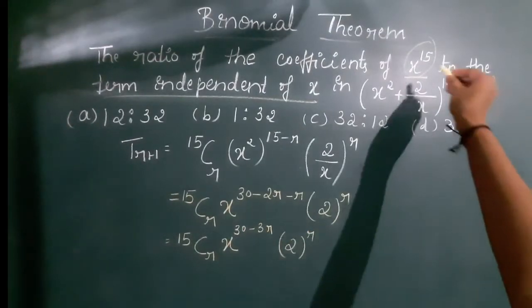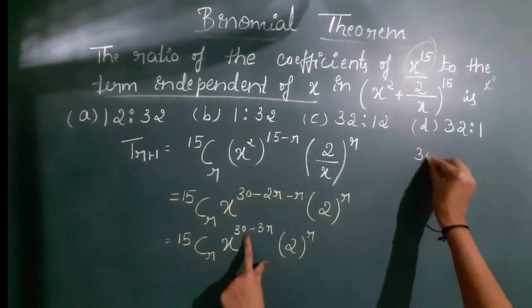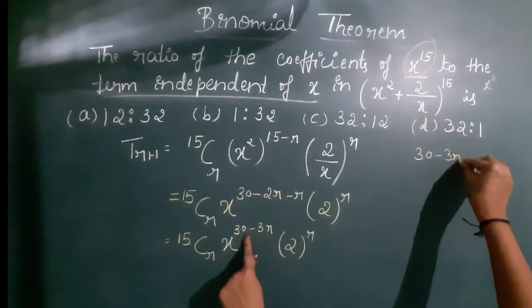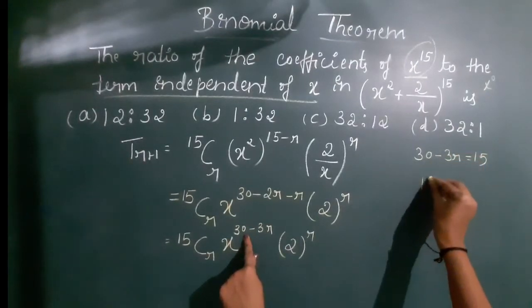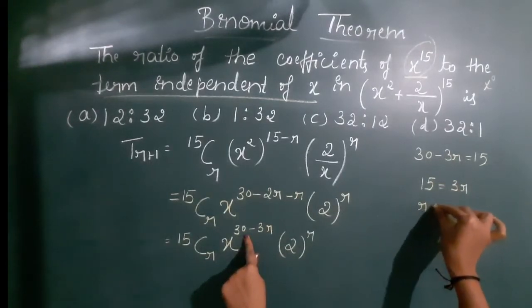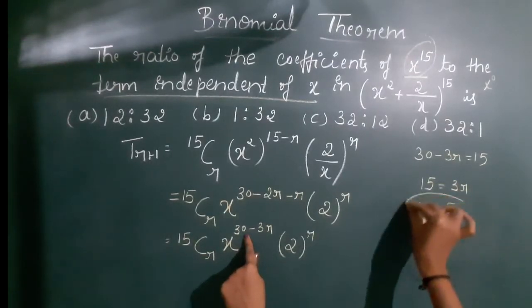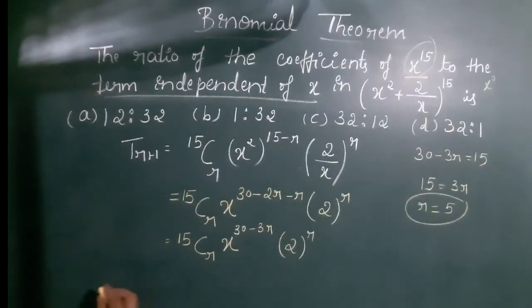Now we need the coefficient of x^15. So that is nothing but here we will equate 30 - 3r should be equal to 15. So 30 - 15 will be 15, equal to 3r, and the value of r is equal to 5. So that we will get the coefficient of x^15. So we will substitute r equal to 5.